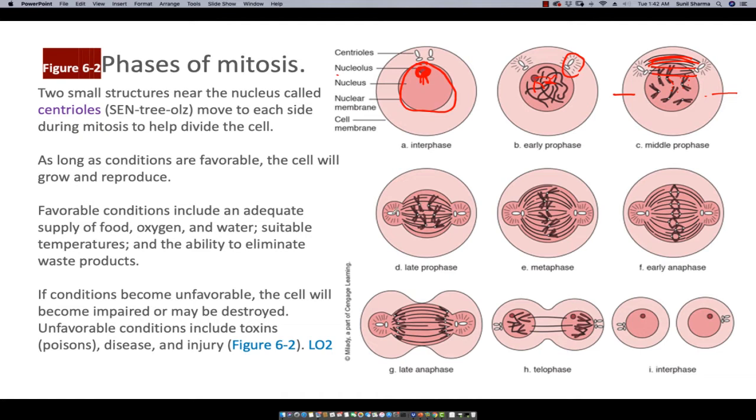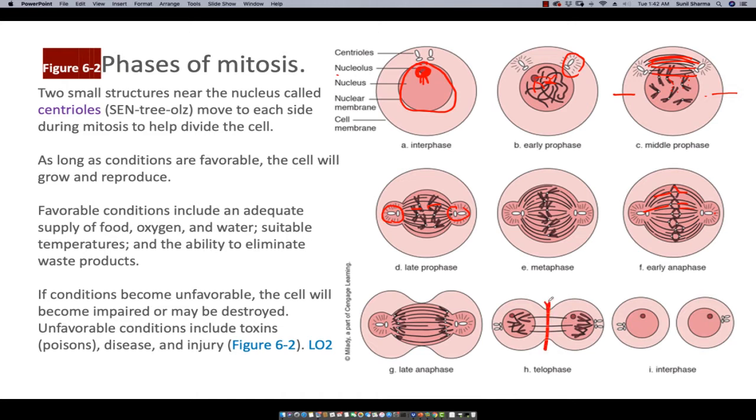So what happens is that these centrioles come to the opposite ends, they grab onto these, and then they pull them apart. So now you can see the butterflies sort of being pulled apart, and both of these sides get the equal amount of genetic coding. And when that happens, they begin to go through the telophase.